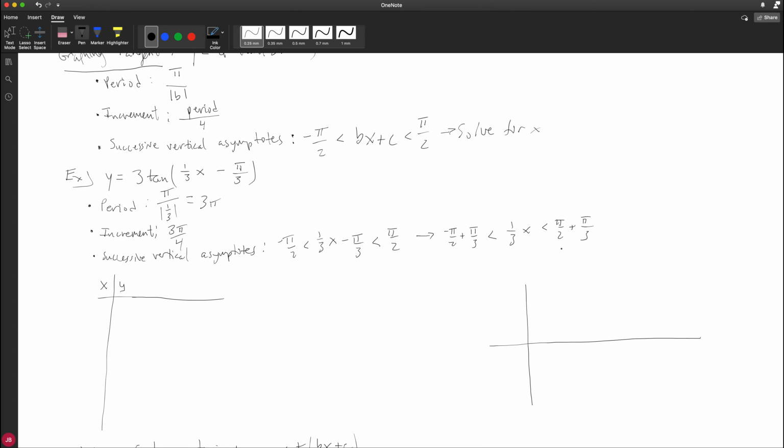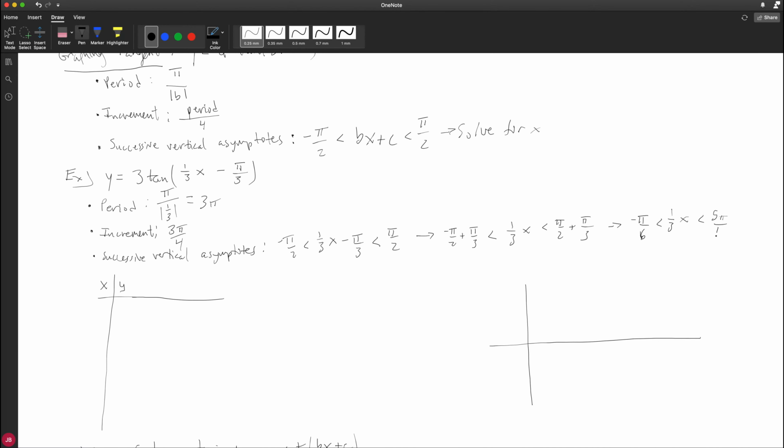And pi over 2 plus pi over 3 is 5 pi over 6, and this here will be minus pi over 6. So what we get is minus pi over 6 less than 1/3 x less than 5 pi over 6.